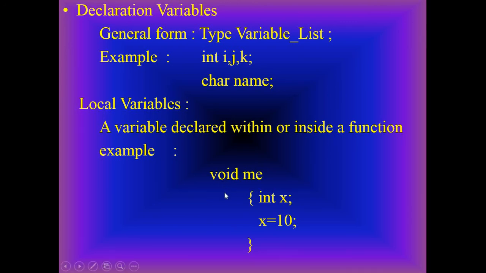So, function, example here, void me, okay? This is an example of a function. Void me starts with an open brace, and it ends with a close brace. Okay? In a program, you can have one function, or you can have multiple functions.